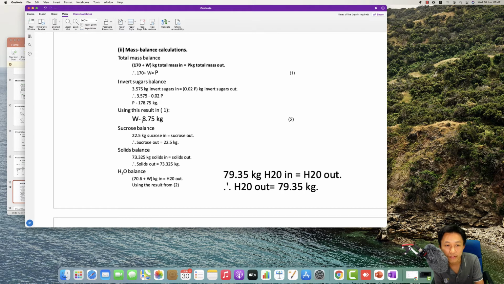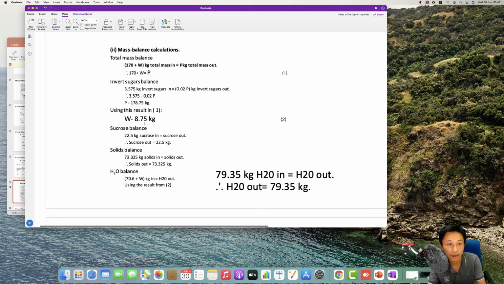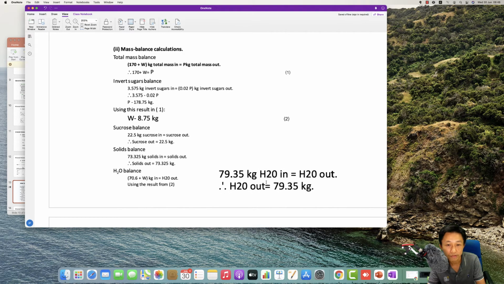So we have W equal to 8.75 kilograms from this one. I think that is the first answer already.